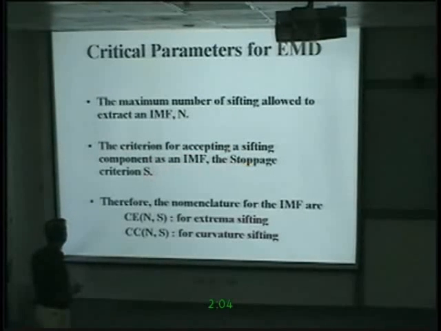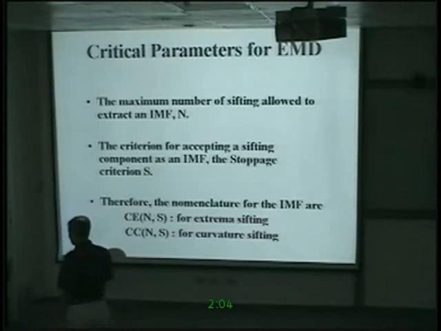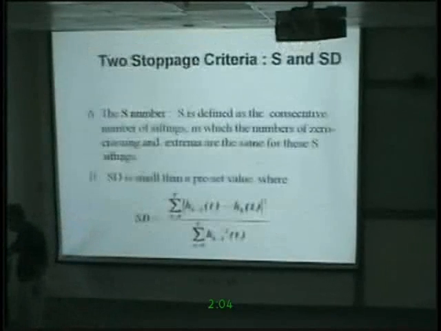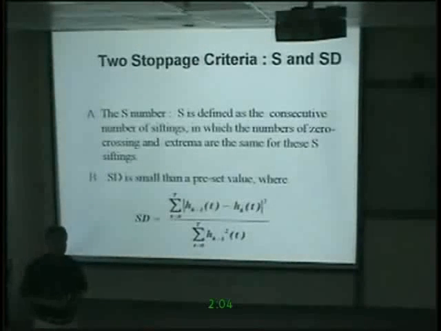The criteria for accepting a shifted component as IMF is the stoppage criteria. We have different kind of stoppage criteria. There are two stoppage criteria that I use.